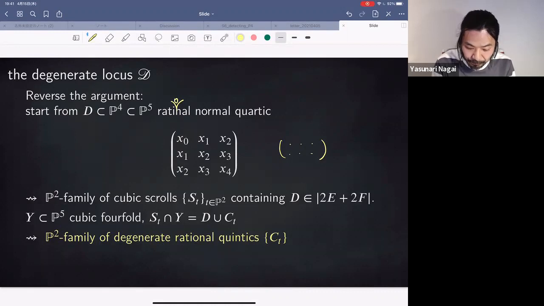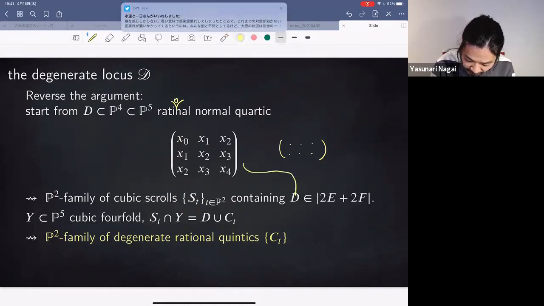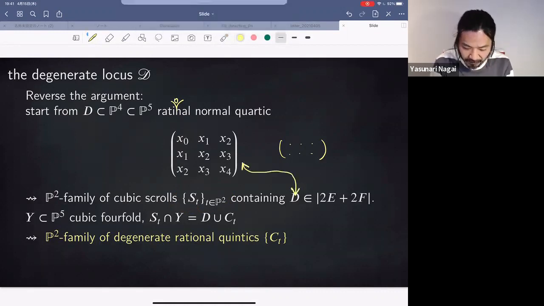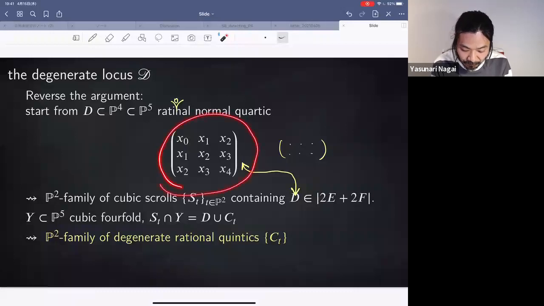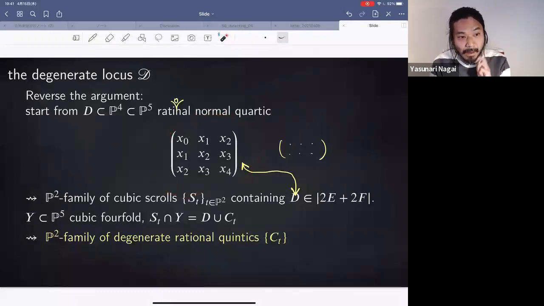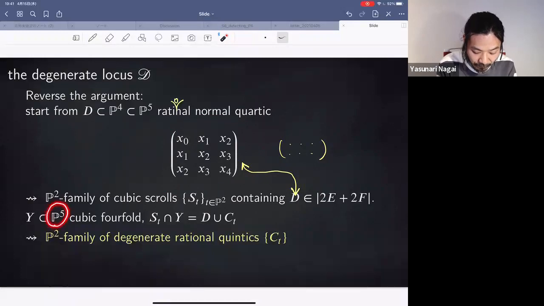Then we get a P2 family of cubic scrolls, and from this construction, this cubic scroll contains the curve D, which is the quartic curve defined by this determinant equation. Then we have, of course, the cubic fourfold Y in the ambient P5.